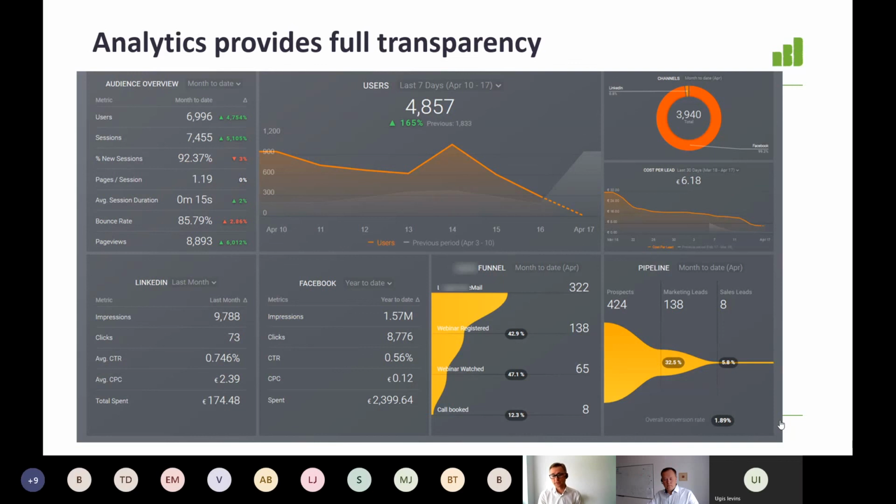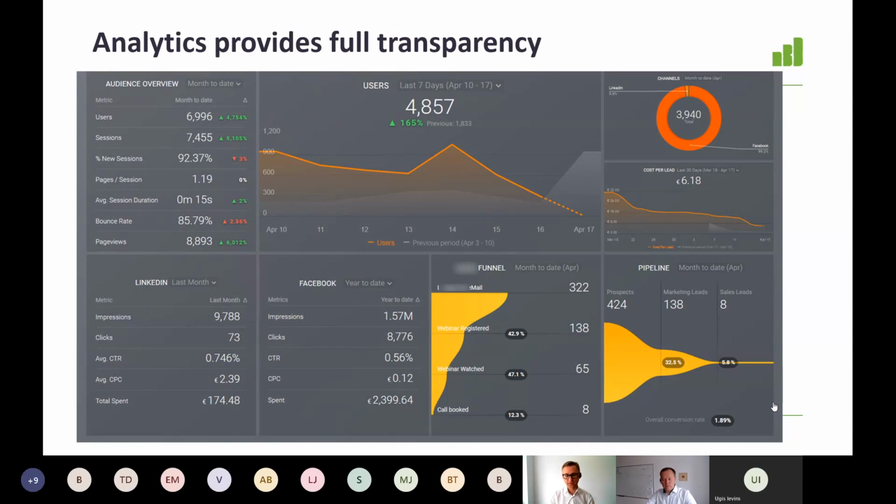Another very important aspect is the data. Everything that is happening inside this system is very transparent. So you really can see the efficiency of any activity you're executing. If you have invested, let's say, 1,000 euro or dollars, what is the outcome?